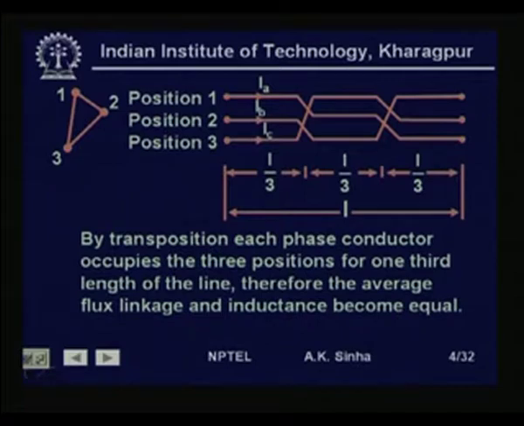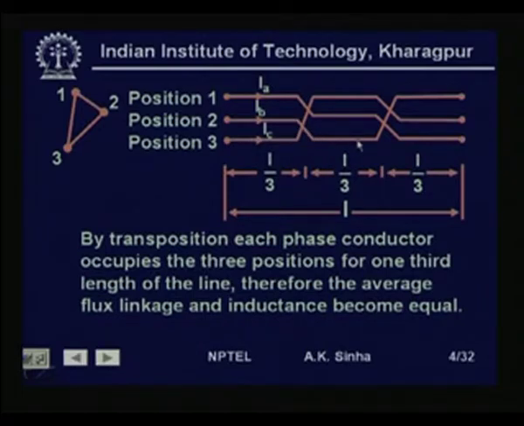Here we show the transposition. The phase conductor A is in position 1 for 1/3 length of the line. It occupies position 2 for the next 1/3 length of the line, and position 3 for the last 1/3 portion of the line. Similarly, phase B conductor is in position 2 for 1/3 of the length of the line.